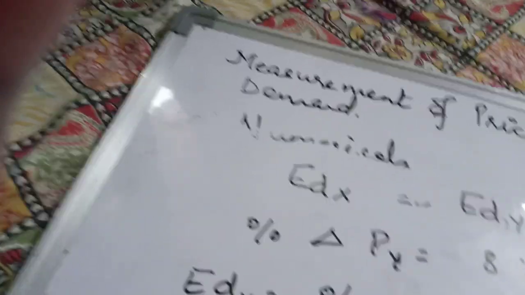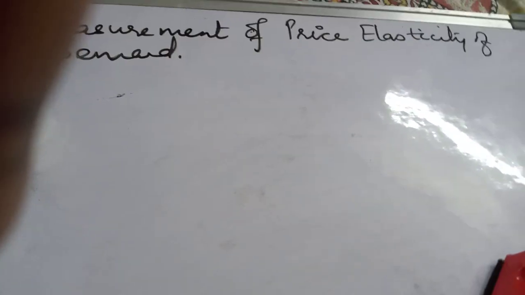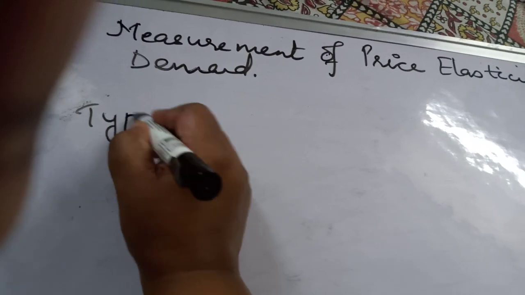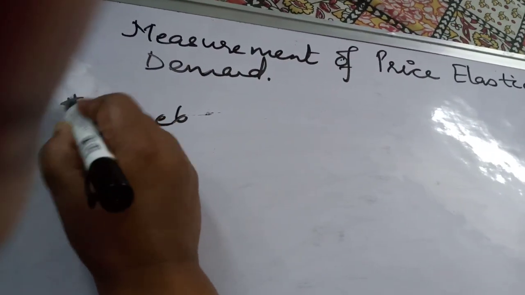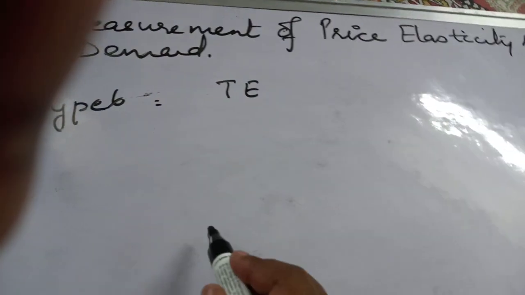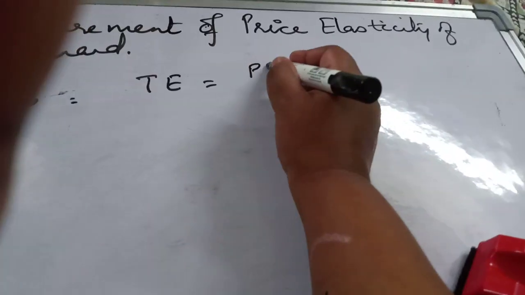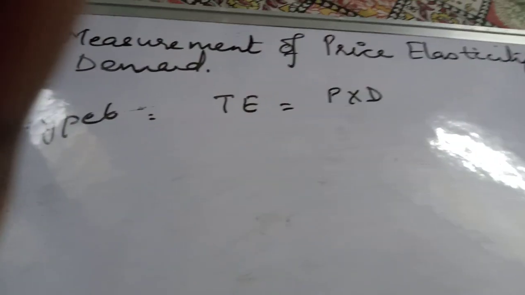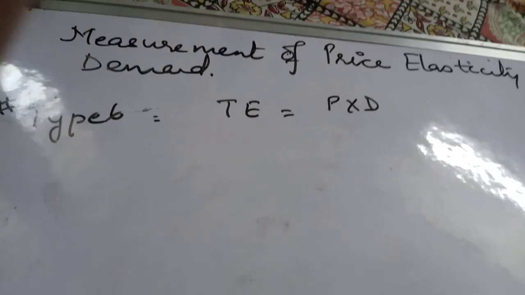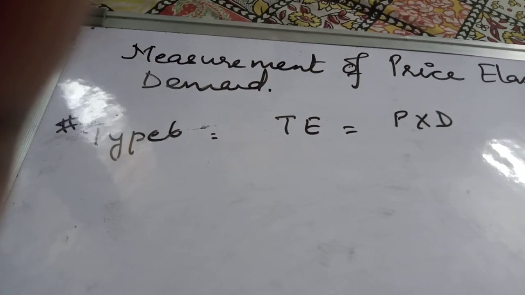So that's, I think, this last type of question, Type 6. Here total expenditure will be given, and total expenditure is equal to price into demand. Total expenditure is price into demand, and seeing that you have to calculate. I'm going to give you a question and then you will be able to understand what will be given.